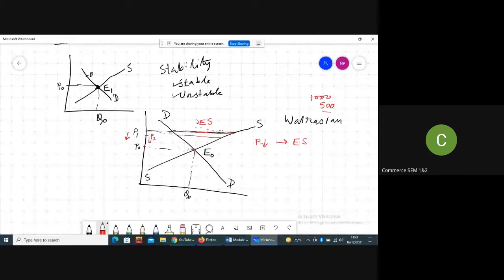And now take any price, say P3 here. At this price, the amount of demand is this much, but the amount of supply is this much only. So there is an excess demand of this amount. The situation is something like this.